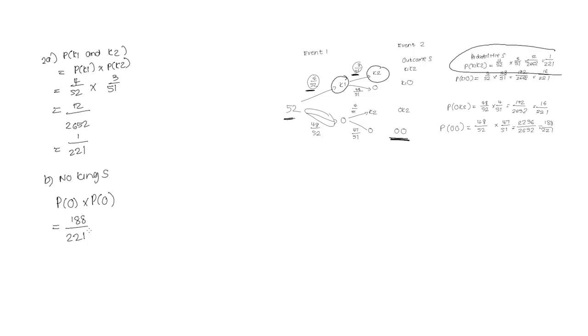Another way of solving this problem is by looking at it as a complementary event. To determine the probability of a complementary event occurring, we use the following formula. Now, as you can see, there are 4 possible outcomes.